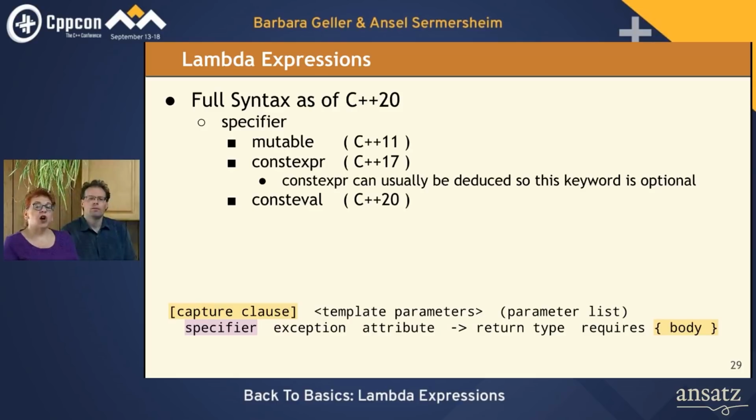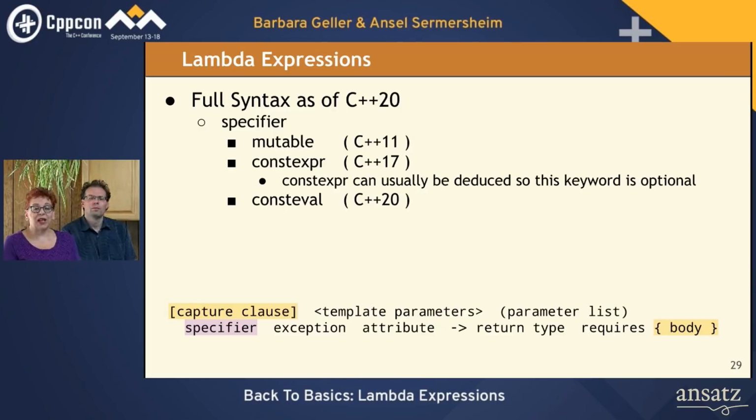So we already did talk about the mutable specifier. And in C++ 17, they added the ability to mark a Lambda expression constexpr. This is actually a bit confusing because C++ 17 is required to check and see if it can deduce something as constexpr. So if you're using 17, you really don't need to mark your Lambda expression as constexpr.